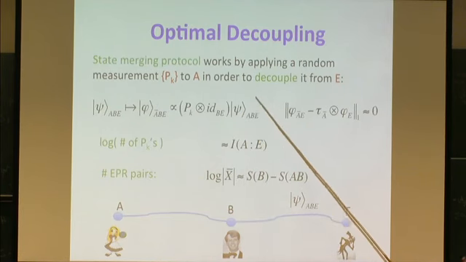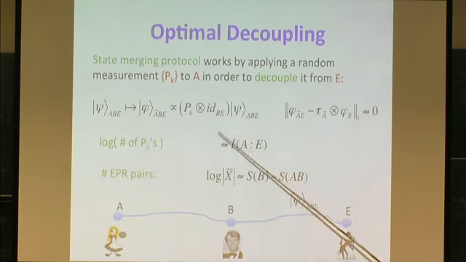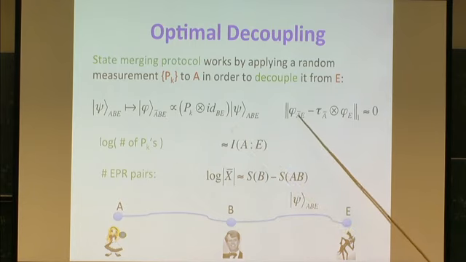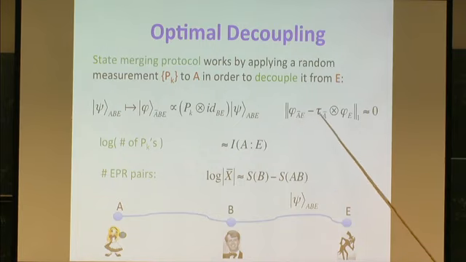And what we can show is that, using the numbers like that, the post-measurement state on A and E will be close to a product: close to a maximally mixed state on A and the original state on E. So now Alice is decoupled from Eve. That's nice, because if they are decoupled, Bob has a purification of both of them. And because the reduced state on Alice is maximally mixed, they will have these EPR pairs.